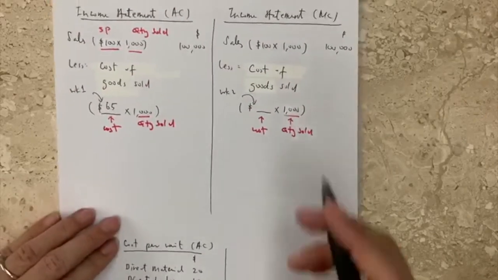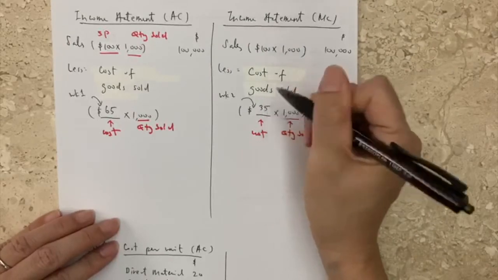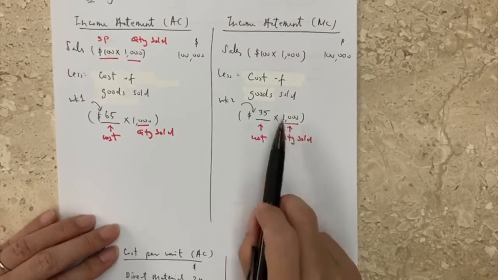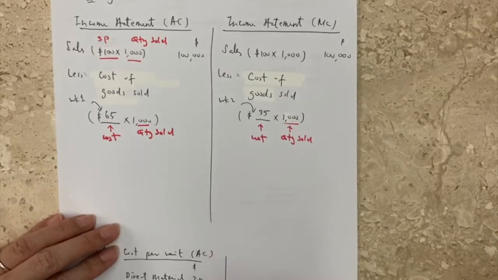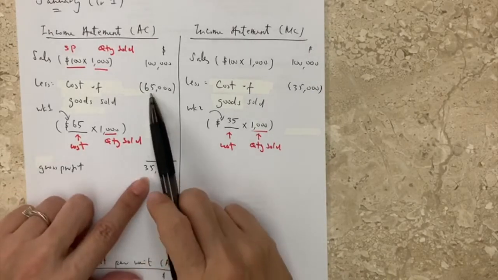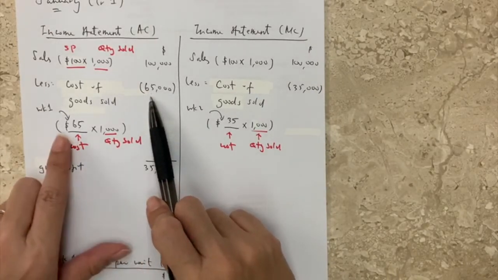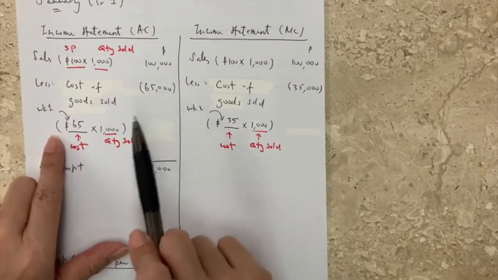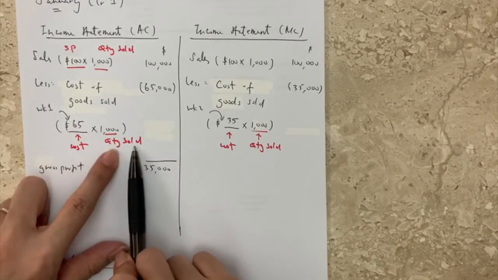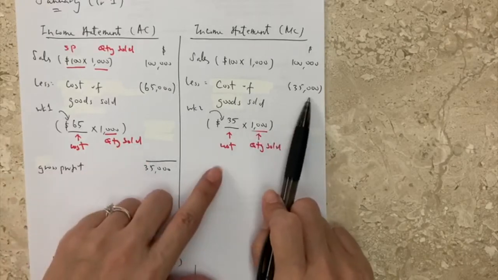I multiply this 35 product cost per unit by quantity sold to get cost of goods sold under marginal costing. So my cost of goods sold under absorption costing is 65,000, which is the cost per unit times the quantity sold of 1,000 in January, and 35,000 is the cost of goods sold under marginal costing.